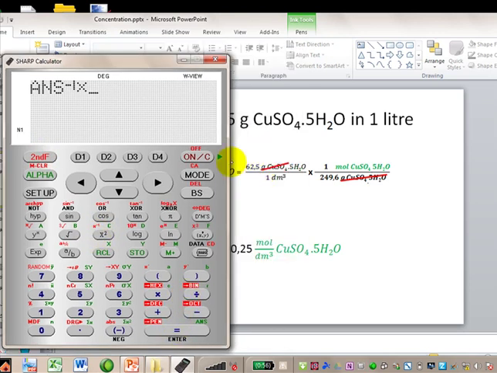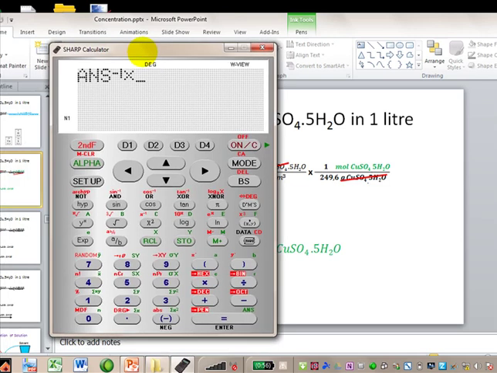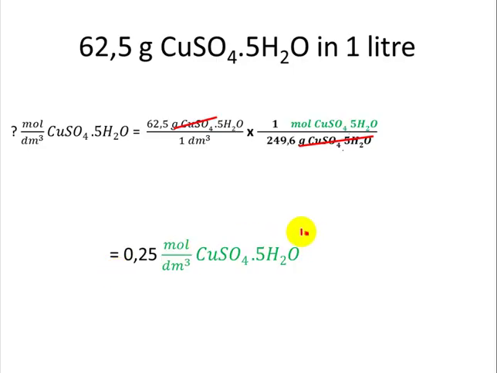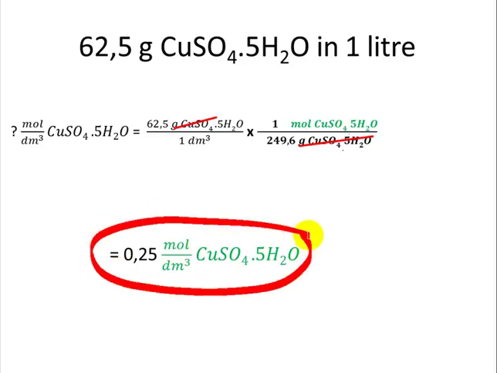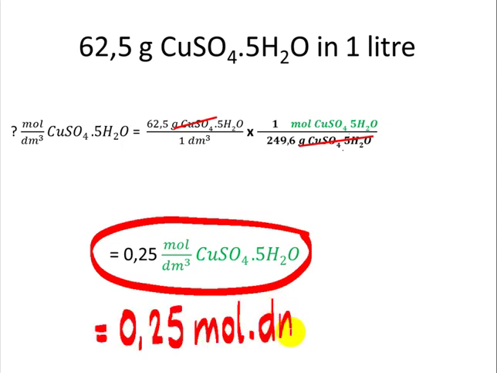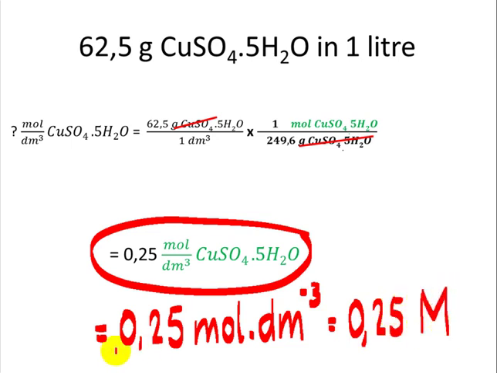And then you multiply that by 62,5, and that gives us the answer of 0,25 moles per decimeter cubed of copper sulfate solution, which is the same as 0,25 mole dot decimeter minus 3. These are different notations meaning the same thing, which is the same thing as 0,25, in other words, a quarter molar.